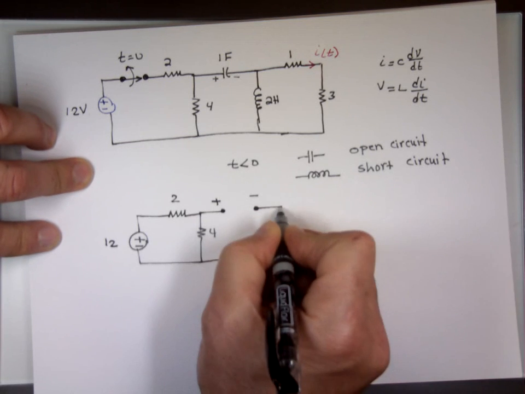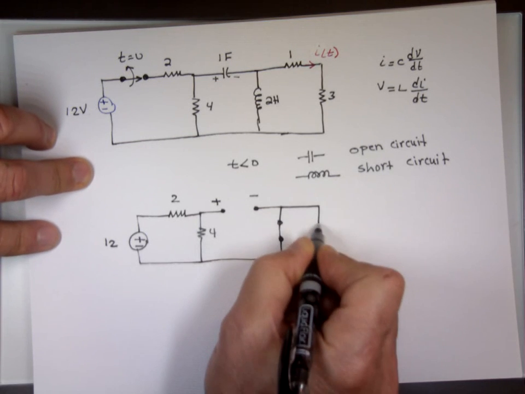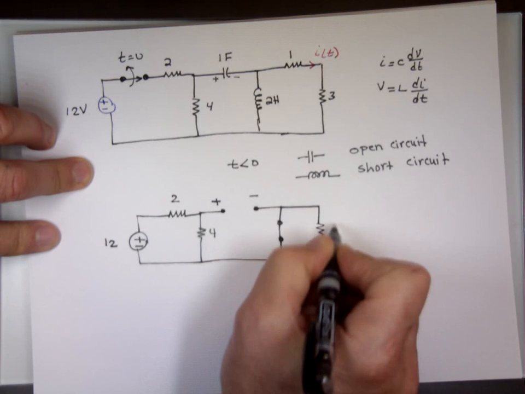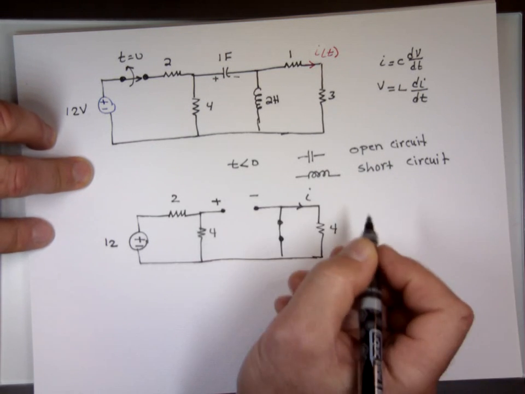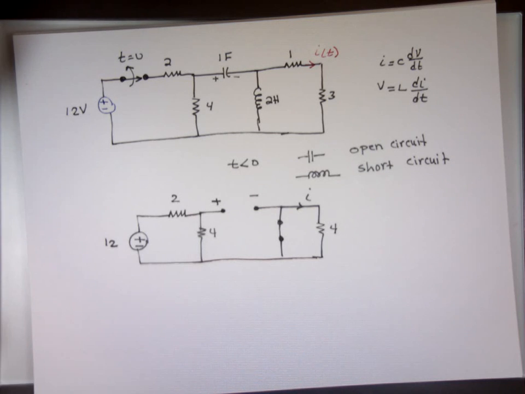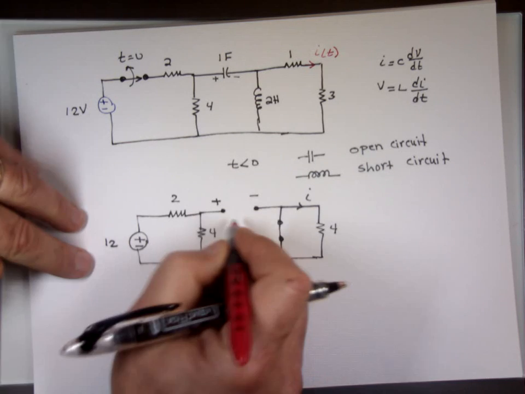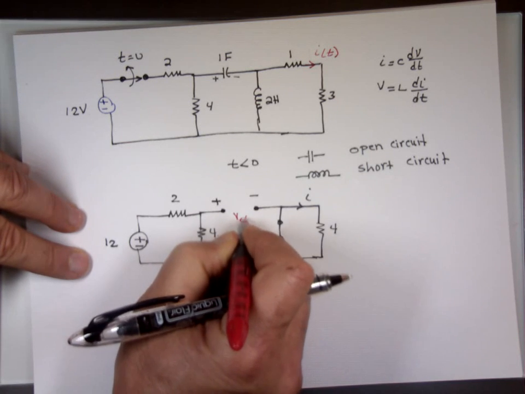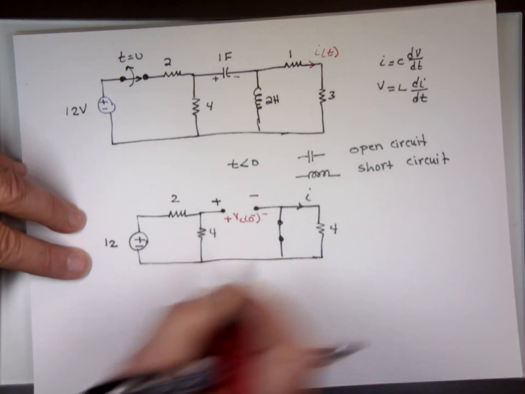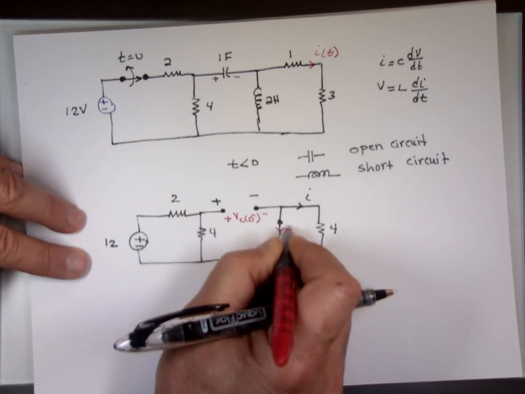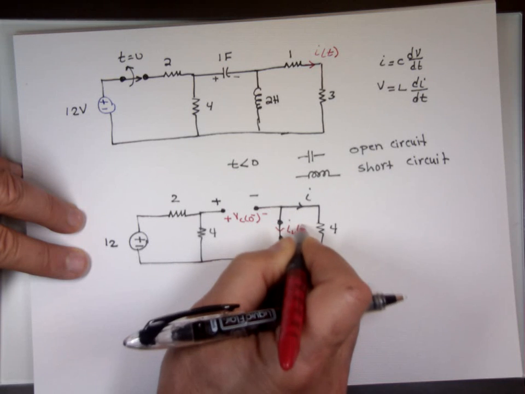And I can combine the two of them, put them together, and make that a 4 ohm. And this is i. I don't really care about i. What I'm looking for is the voltage across the capacitor, v_C at 0 minus, plus here, minus there. And I'm looking for the current through the inductor, i_L at 0 minus.